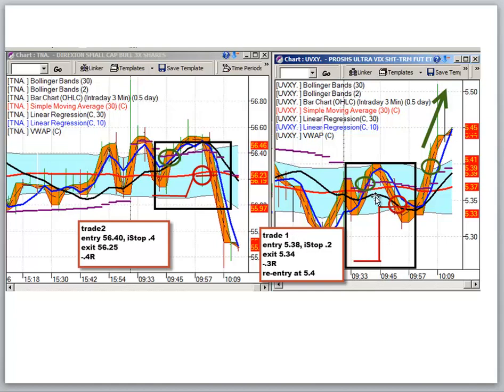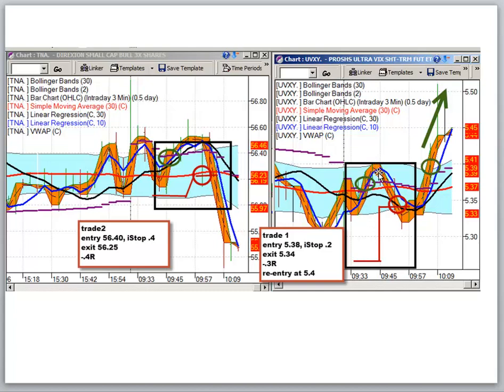So trade one was an entry at 5:38 with an initial stop of 20 cents, and that's triggered by support at the bottom of the river, crossing the Bollinger Band mean after a period of sideways. Here I'm playing for the long side in volatility. So entry at 5:38, 20-cent stop.